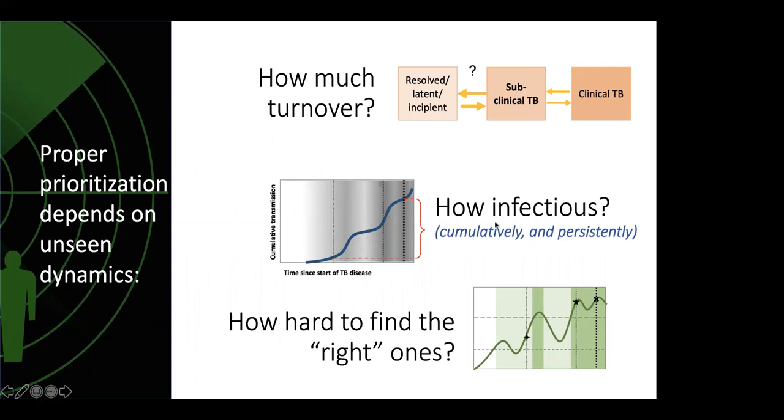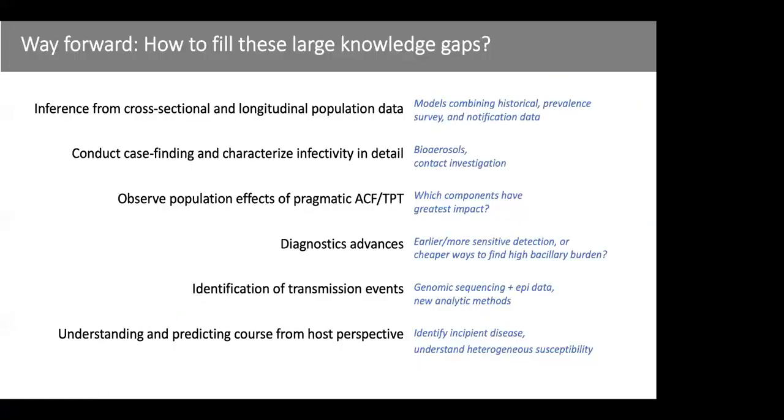How infectious, cumulatively and over time, is subclinical TB? How much does transmission rely on symptoms? And what would it take to find the ones that are most important, either in terms of their future clinical risk or their contribution to transmission? All right, so I'm emphasizing that there's a lot we don't know.